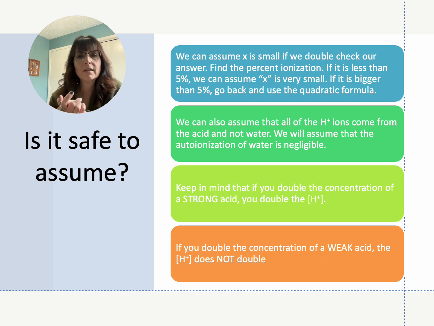I've already mentioned this. Is it safe to assume there's going to be a time and a place where we can ignore those X's? Now, if you have X for H and your A negative is, I don't know, like 0.1 minus X, there's a time and a place where we can ignore that minus X. And we'll talk about that as we work through our problems.